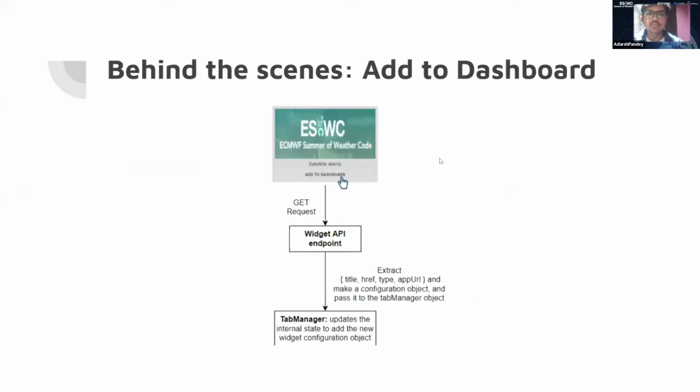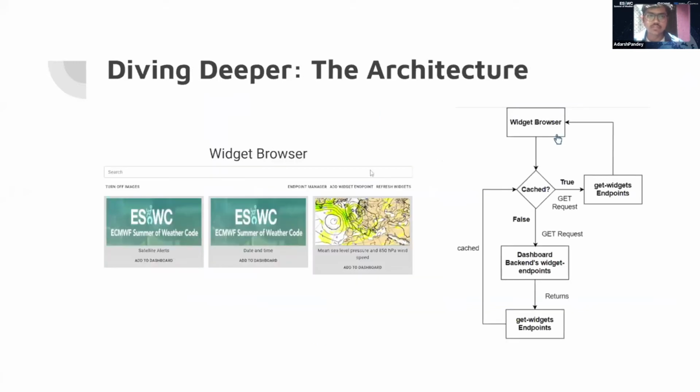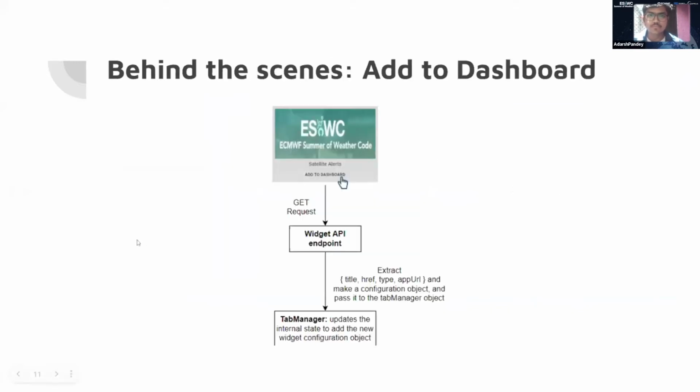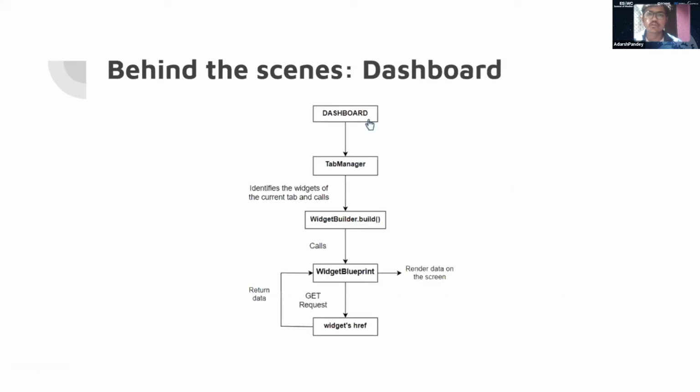So now what happens when you click on the add to dashboard button is we make a get request to the particular widget API endpoint. We extract some details out of it, and make a configuration object and pass it to a tab manager object. The tab manager is responsible for holding and updating the internal state to add the new widget configuration object.